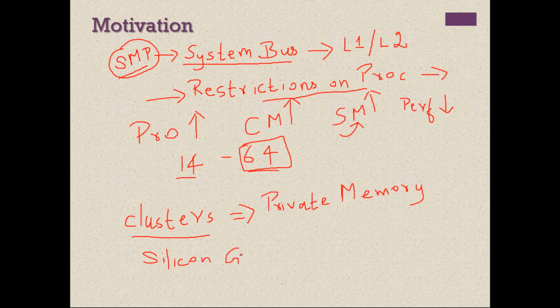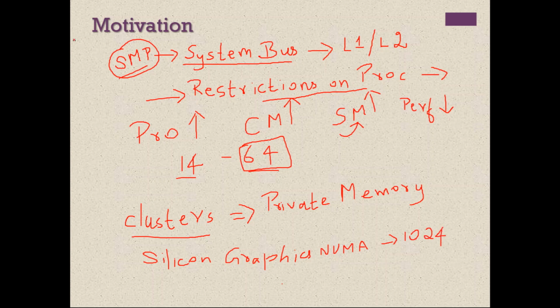This particular system is one type of NUMA multiprocessor. It can support up to 1024 MIPS or 10,000 processors. It supports this many processors, 1024.